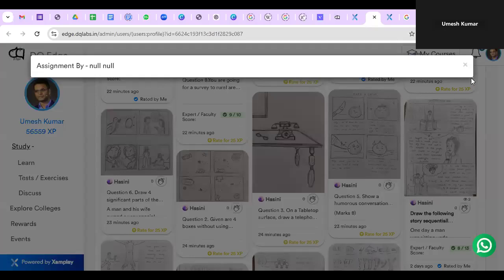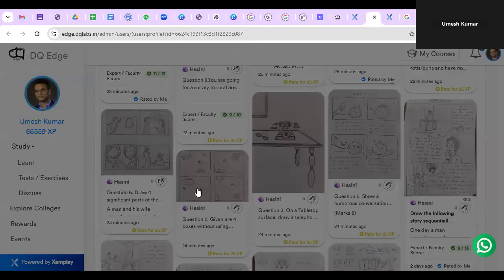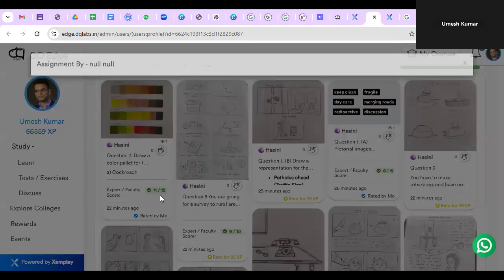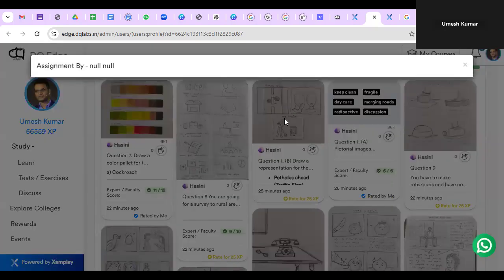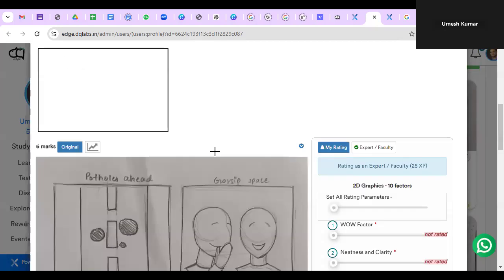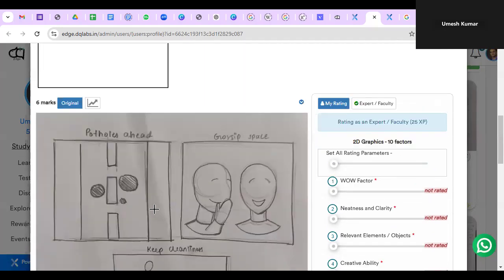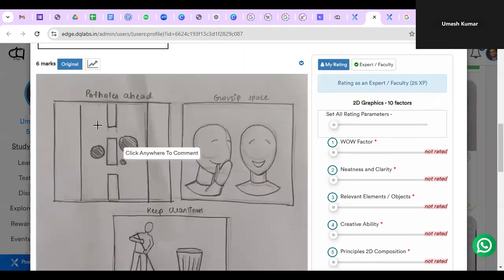Ah, we have seen this, right? Hasini's work we have seen, yes. Okay, I think this we have not seen. Potholes ahead. Okay, gossip space, keep cleanliness. Yeah, these are nice. All right, that's good.